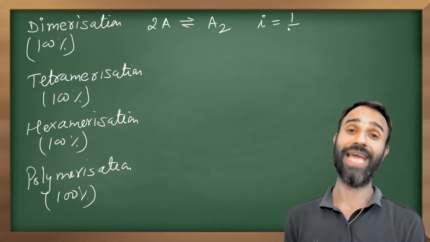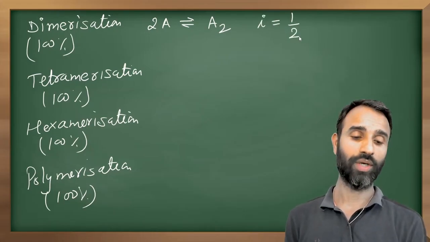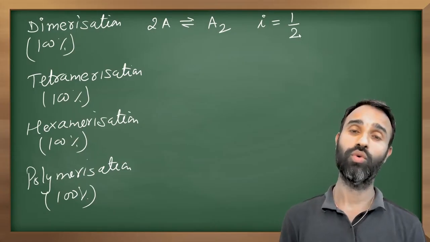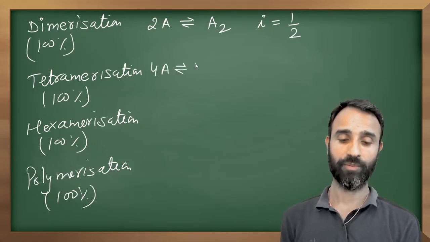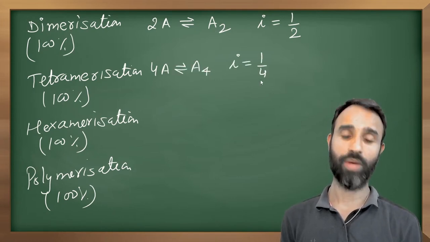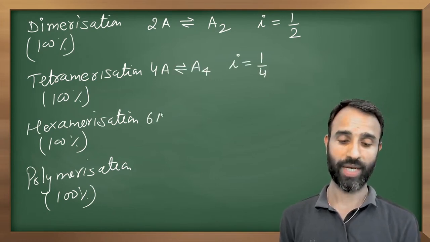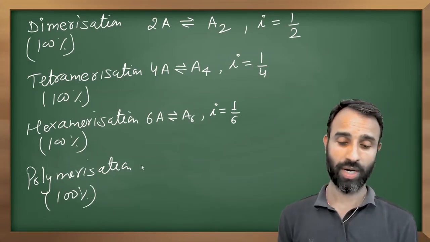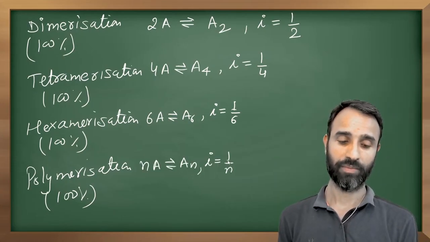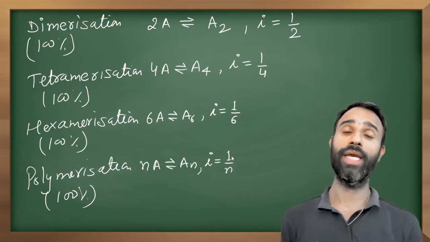It is 1 by n. What is n? 2. So in dimerization, I is equal to 1 by 2. For tetramerization, I is equal to 1 by 4. For hexamerization, I is equal to 1 by 6. And for polymerization, I is equal to 1 by n.